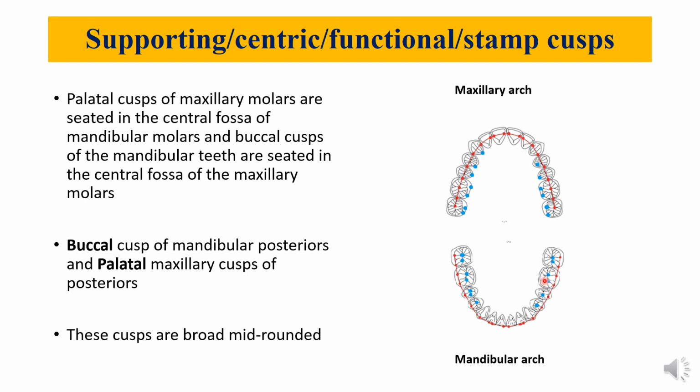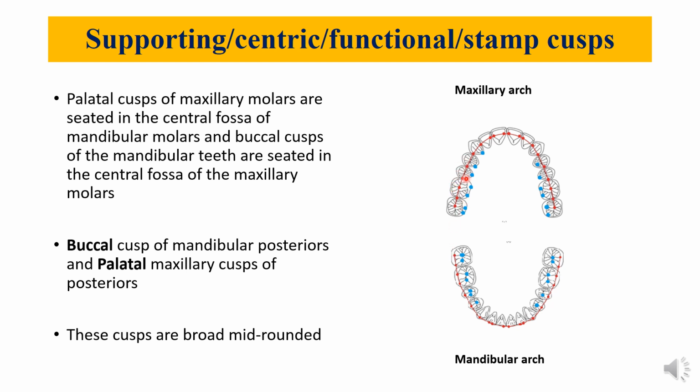So it makes a tight contact, isn't it? So we can tear or chew, and that is the centric position. The palatal cusp will fall into the central fossa of the mandibular arch, and the buccal cusp of the mandibular arch will fall into the central fossa of the maxillary arch.